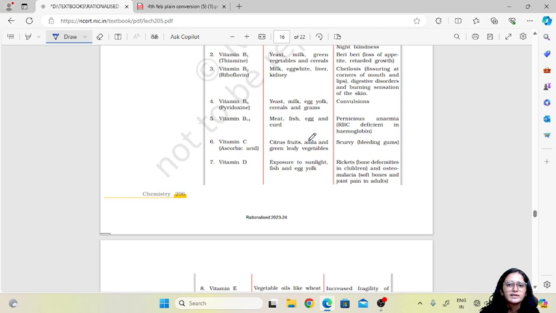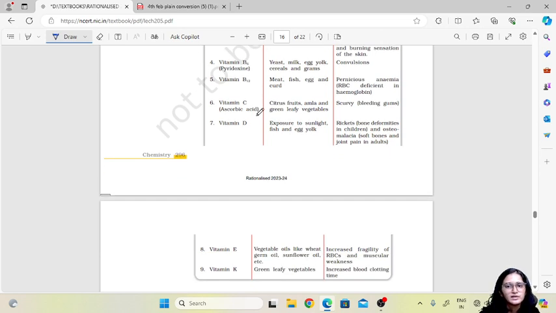B12 is found in meat, fish, egg and curd, and its deficiency causes pernicious anemia, that is, RBCs deficient in hemoglobin. Vitamin C, also known as ascorbic acid, is found in citrus fruits, amla and green leafy vegetables, and its deficiency causes scurvy, that is, bleeding gums.